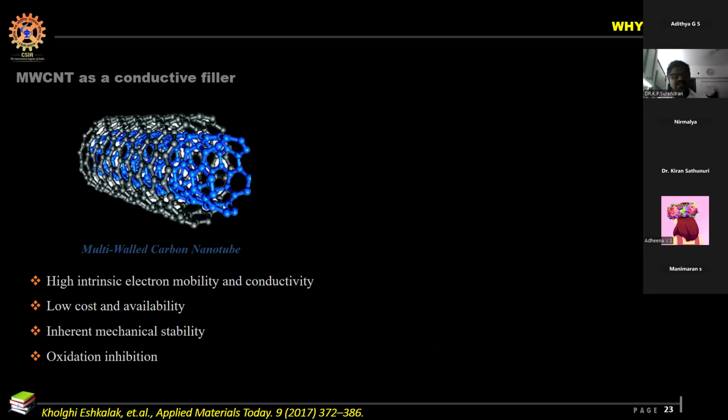But we don't want to make an expensive material for this purpose. We started with a well-known conductive material called carbon nanotube. You know that a carbon nanotube is actually carbon graphene wrapped in the form of a tube. But single-walled carbon nanotubes are very expensive, so we resorted to multi-walled carbon nanotubes.